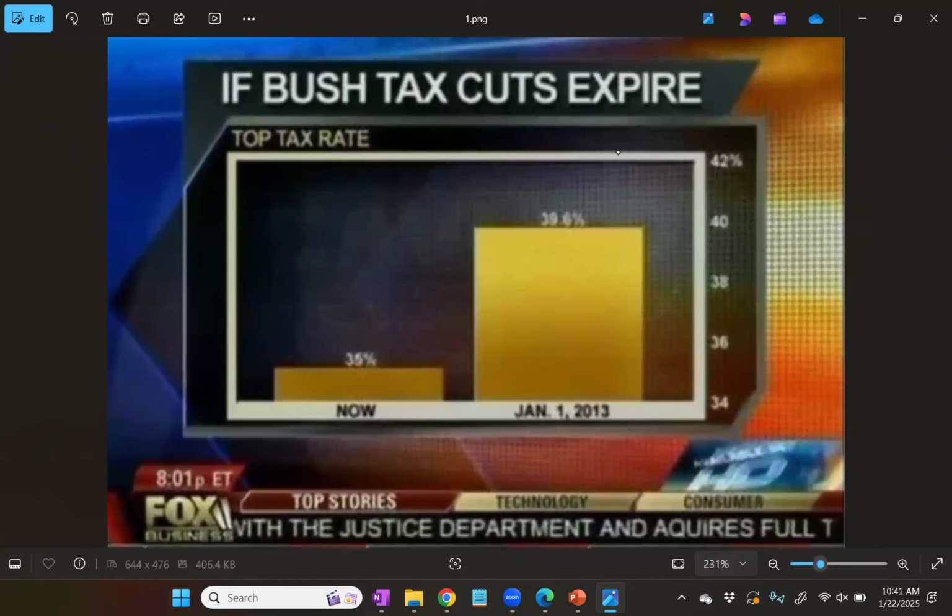Ah, yes, my least favorite graph source. Can you see what's wrong with this one? Hopefully you can read. Some of these are really pixelated. So the graph on the left, the high number there is 35. The one on the right is 39.6.